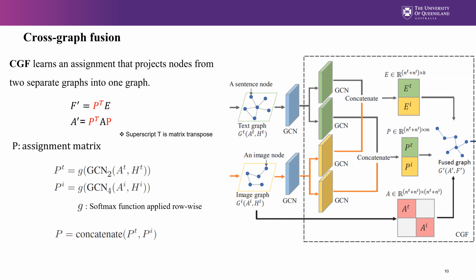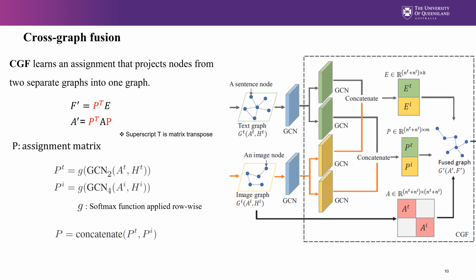Here, the author used the second GCN and the fourth GCN layer to learn the matrix P_T and the matrix P_I, as we can find in the formula here. And here, the softmax function is applied row-wise in order to ensure the total assignment of each original node is 1.